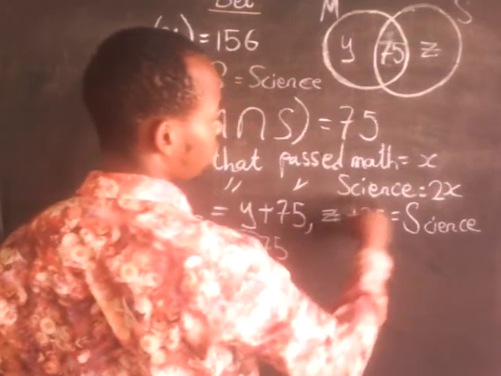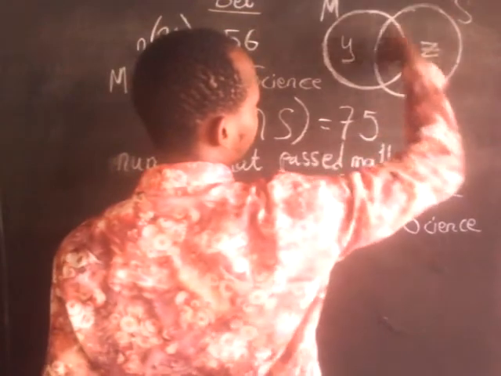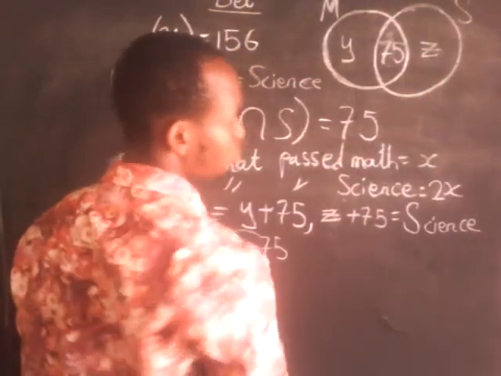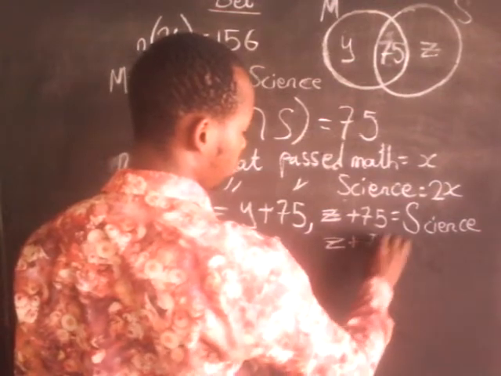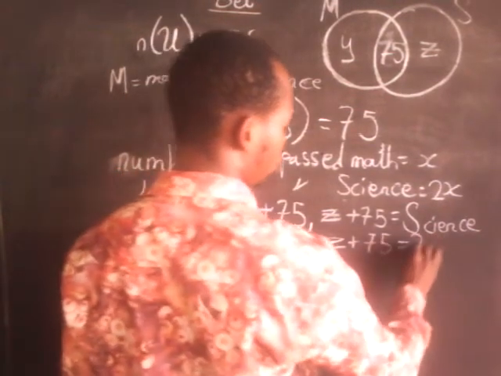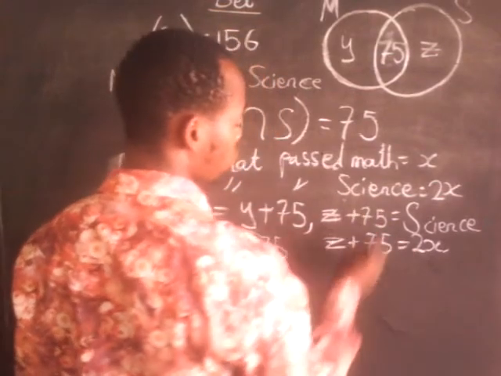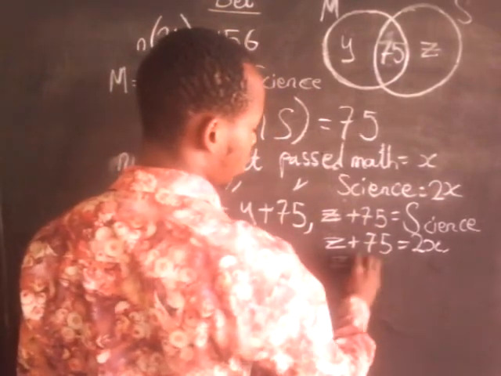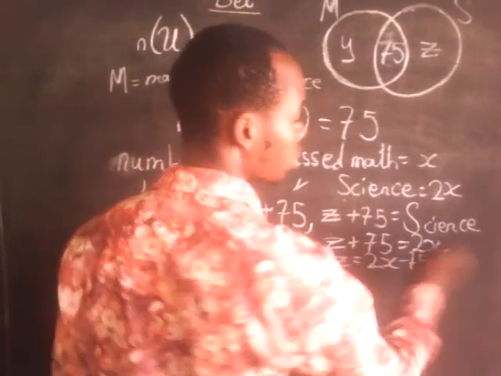Okay, the number of people that pass science is 2x. So the whole of everybody here that pass science is what? 2x. So I'll be having z plus 75 is equal to 2x. For science only, I'll be having z is equal to 2x minus 75.